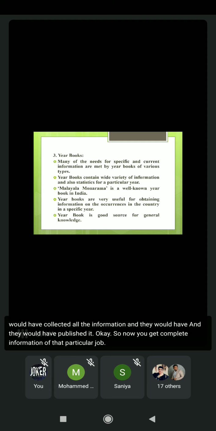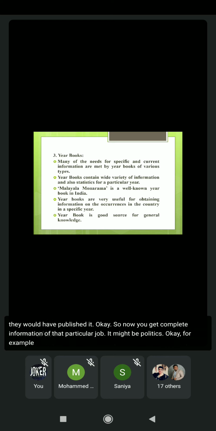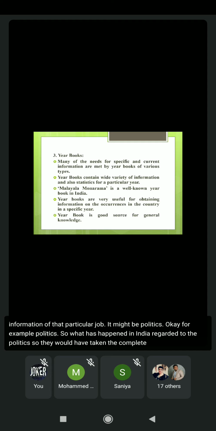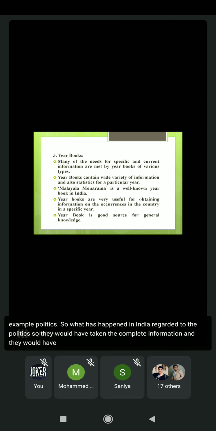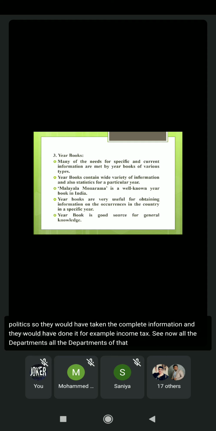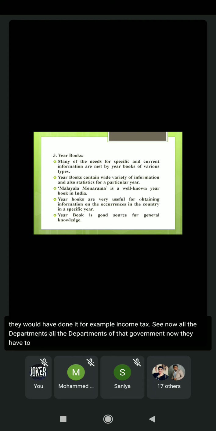It might be politics, for example. What has happened in India regarding politics, they would have taken the complete information. For example, income tax. All the departments of the government have to publish books of their department.